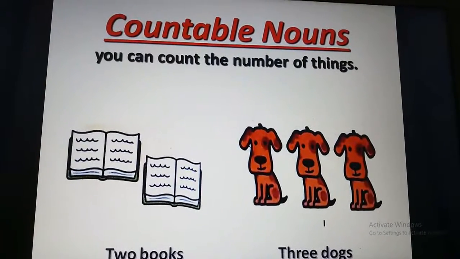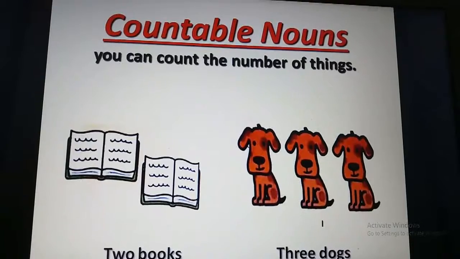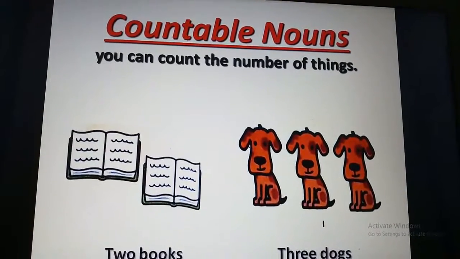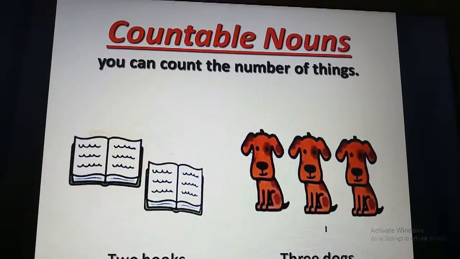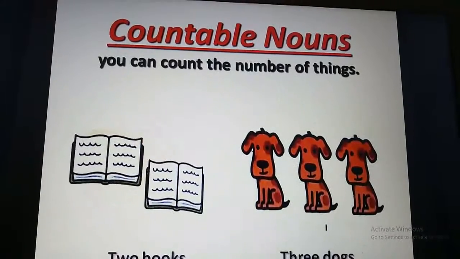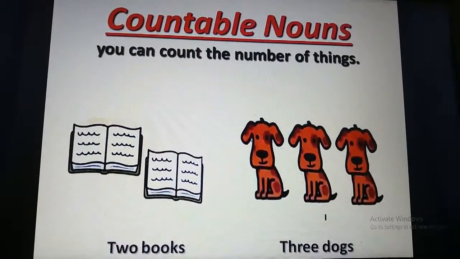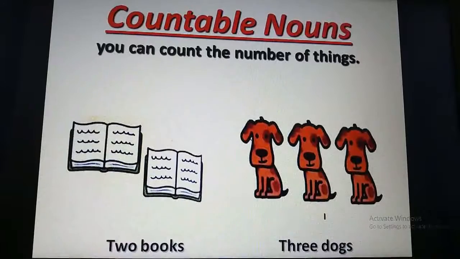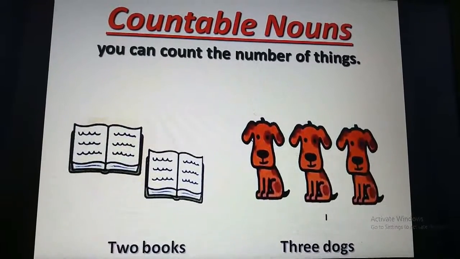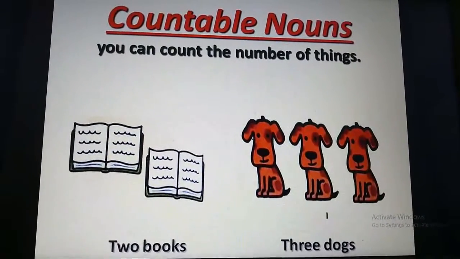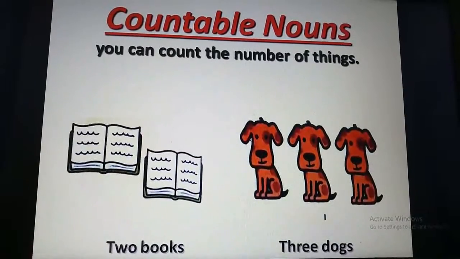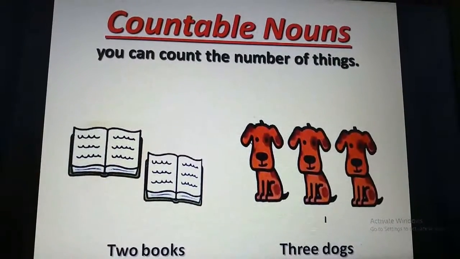Dogs are countable nouns. Pen, pencil, eraser, whichever things you can count in numbers 1, 2, 3, 4, 5, and so on are called countable nouns.